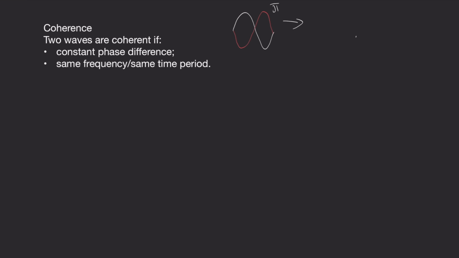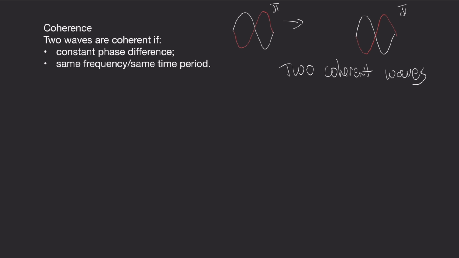Then I have to draw this quite carefully. Then the two waves will still be in antiphase. We didn't have a wave overtaking another wave. They still have a phase difference of pi radians. This can only happen, of course, if the two waves have the same time period or frequency, because otherwise they'll keep overtaking one another. So this here is an example of two coherent waves.